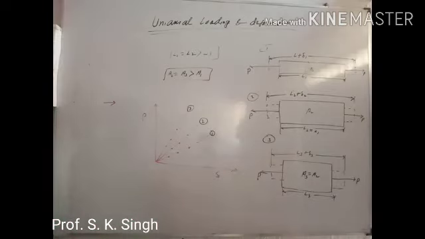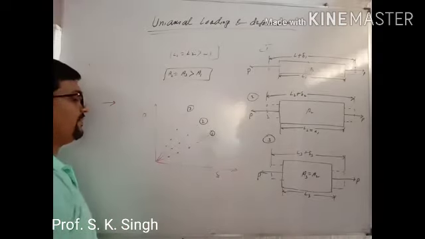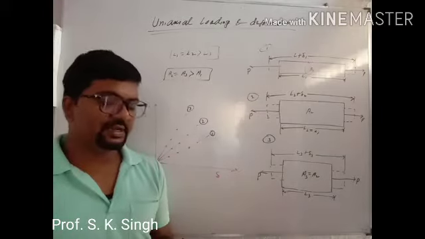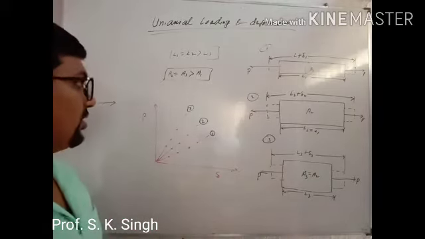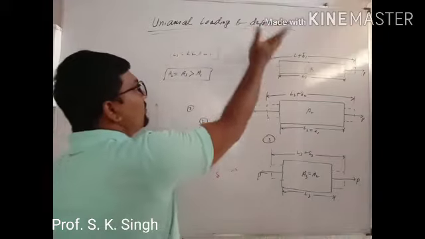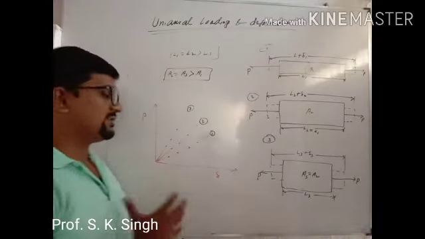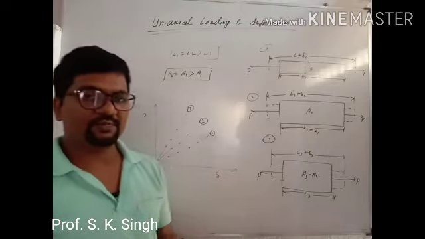You can see here the graph we are getting for force versus deformation. We are talking about loading, nothing but force versus deformation only. For uniaxial, this is the graph you will get.